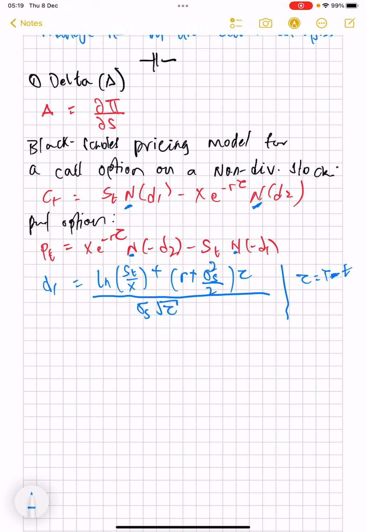You know that these are cumulative density functions.